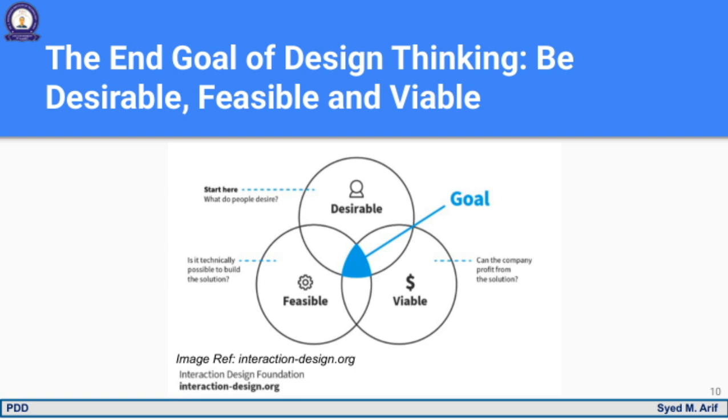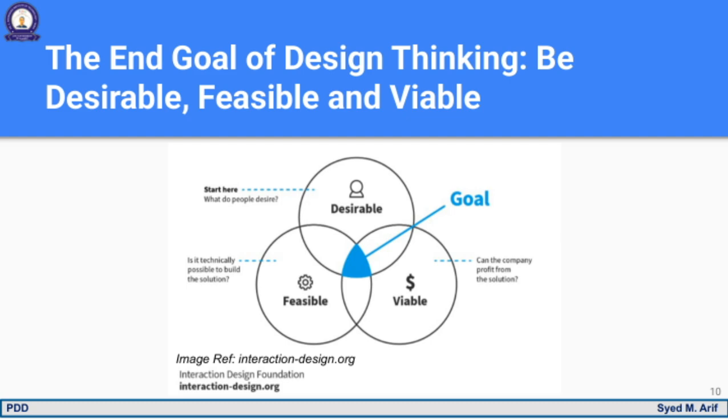Feasibility, on the other hand, is about whether we can actually build and implement the idea with the resources and technology available. It's about practicality and technical possibility. Finally, viability relates to the business side, ensuring that the solution can sustain itself economically and aligns with strategic goals.